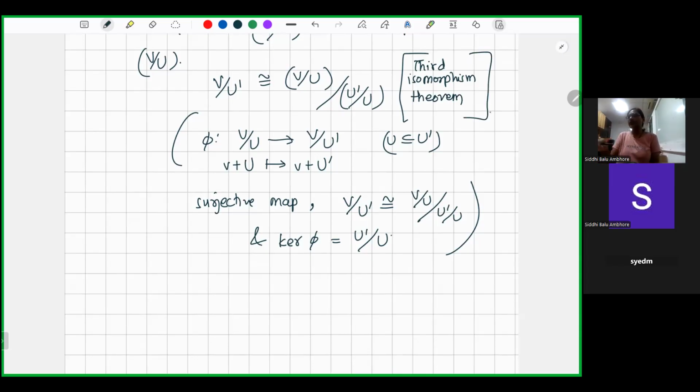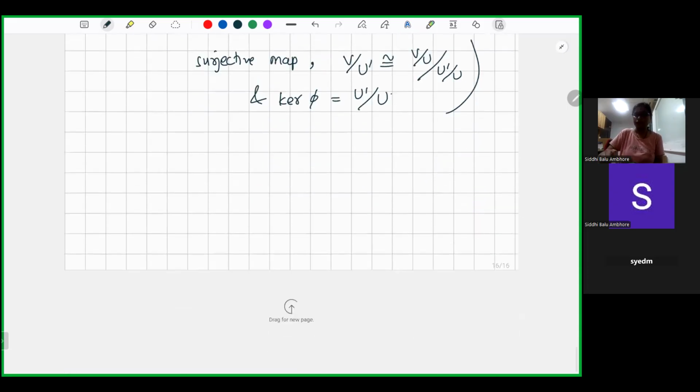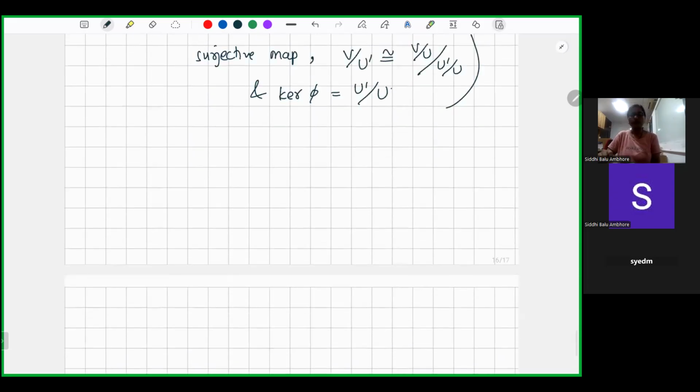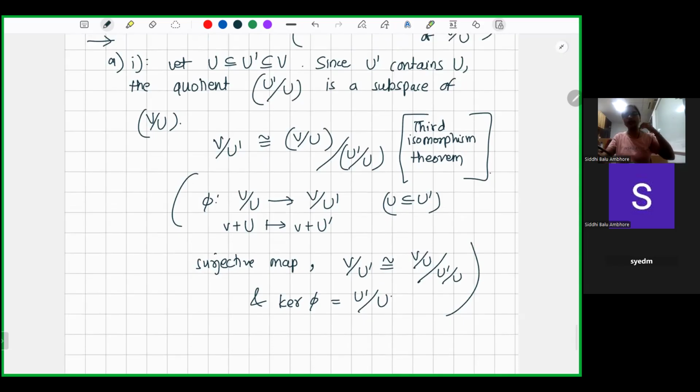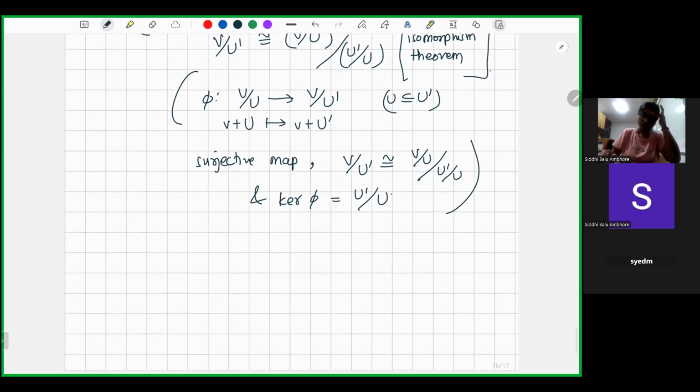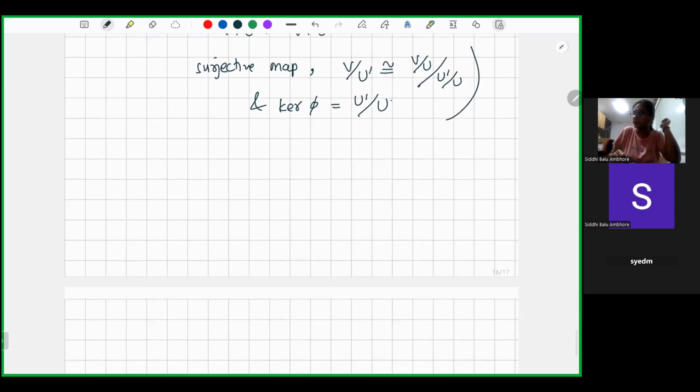So using this, once we write V quotiented by U dash as a quotient of these two subspaces, isomorphism, then we have this.